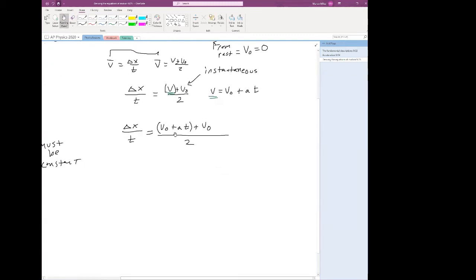At this point, we could distribute things along the way. I'm going to multiply both sides by t, which cancels out the t there.